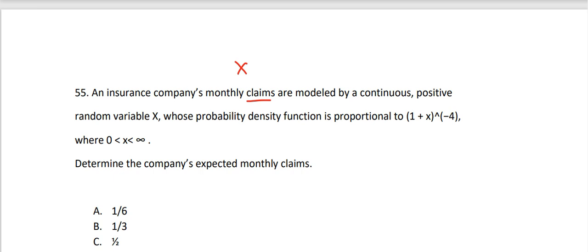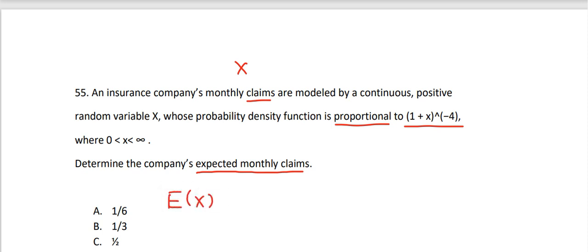It has a density function proportional to this, like k times something, and we need to find this k. Then we need to find the expected value. This problem is just finding the expected value of x.